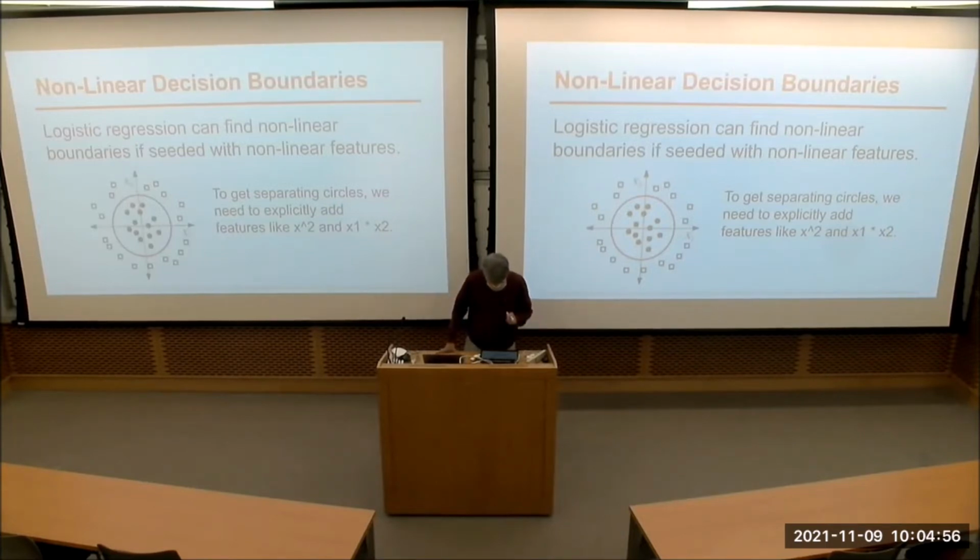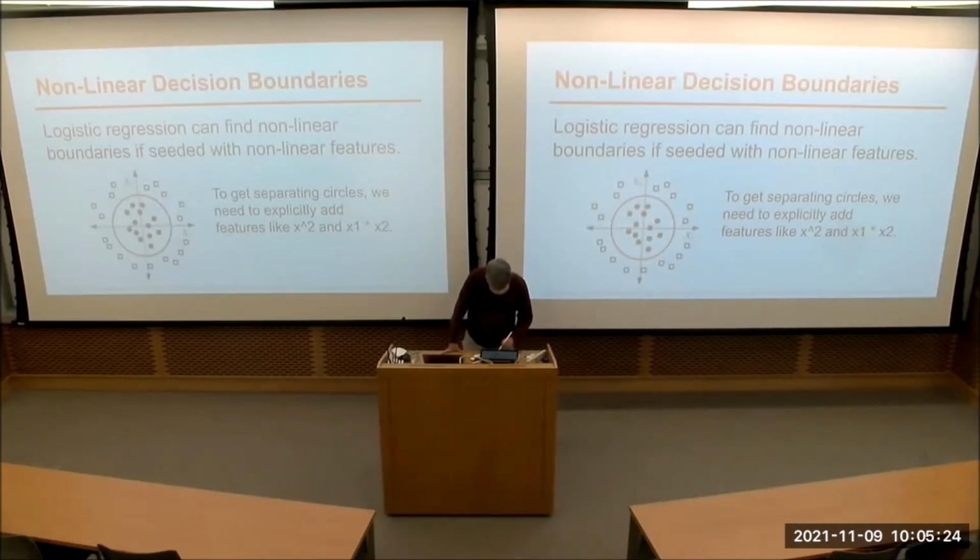Now, just like we generalized linear regression to give us more complex models than just lines by adding nonlinear features to our data set, we can end up getting nonlinear decision boundaries.